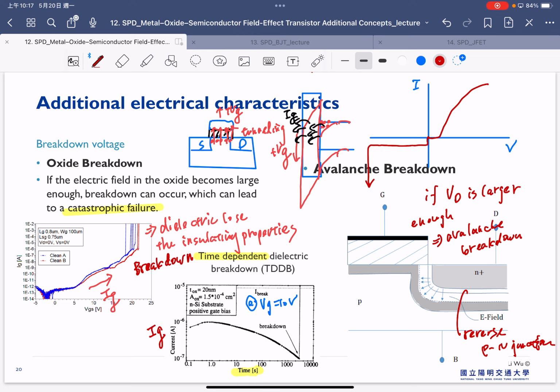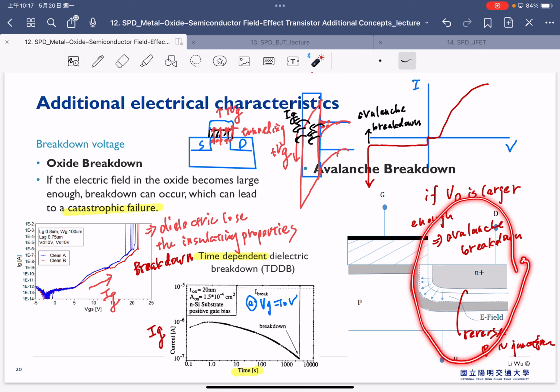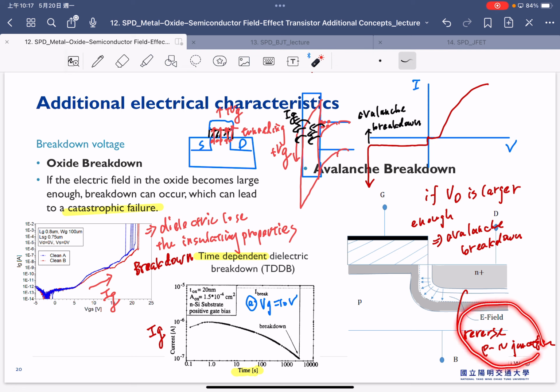And this is due to avalanche breakdown. Similarly, when we operate our MOSFET under positive VD, it actually reverse biases our PN junction. So we can expect a very similar phenomenon to happen.